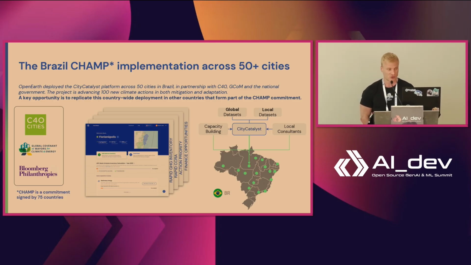The idea of this project is to advance the climate action selection in Brazil for the COP that is coming up in November, I think, to give cities in the broad the possibility to select climate actions based on their emission profiles and on their context. So this is what the project is about, and this is where we started to work.